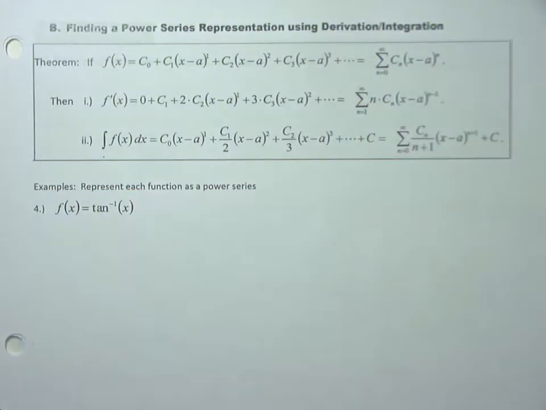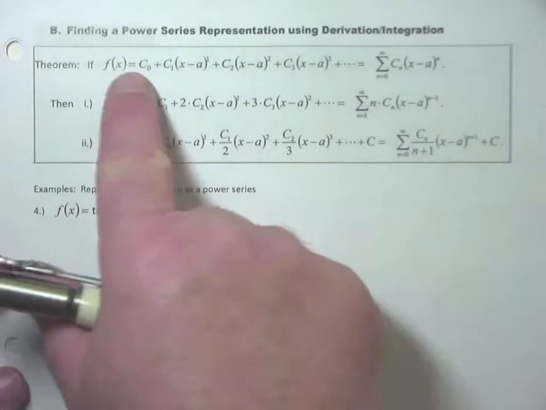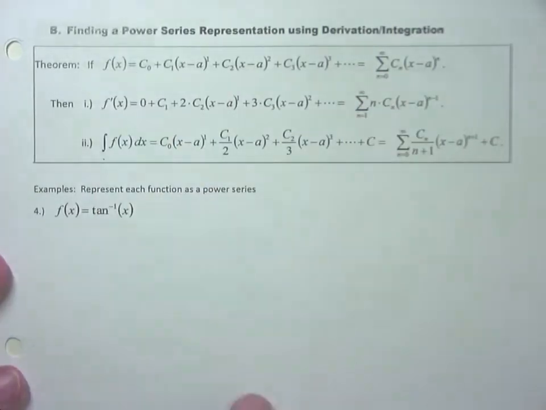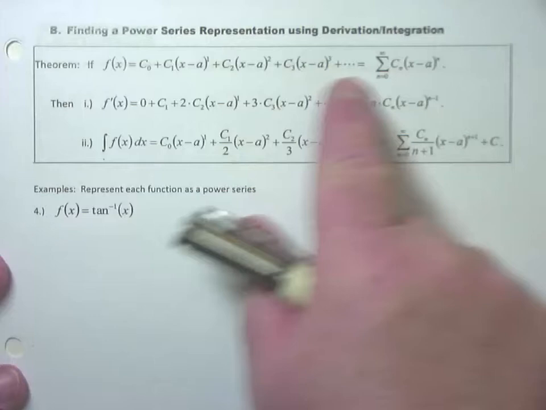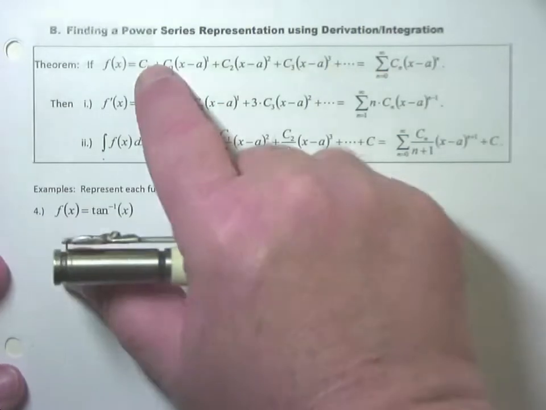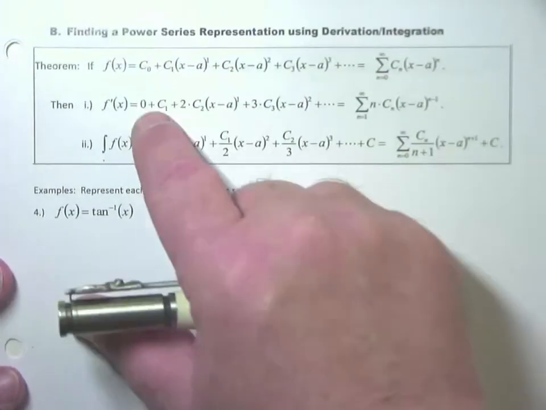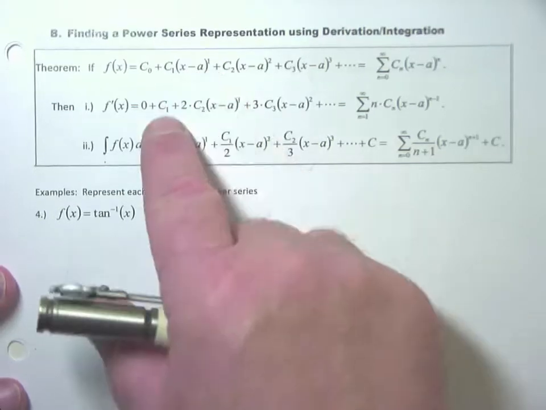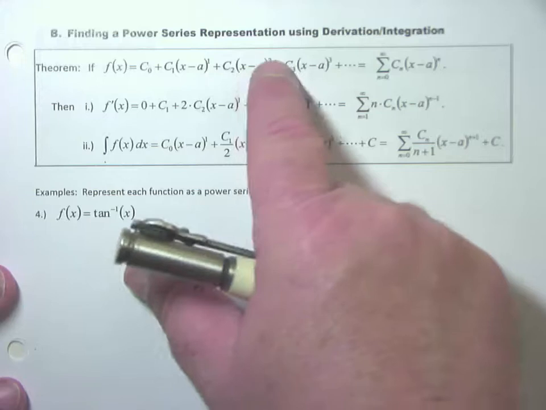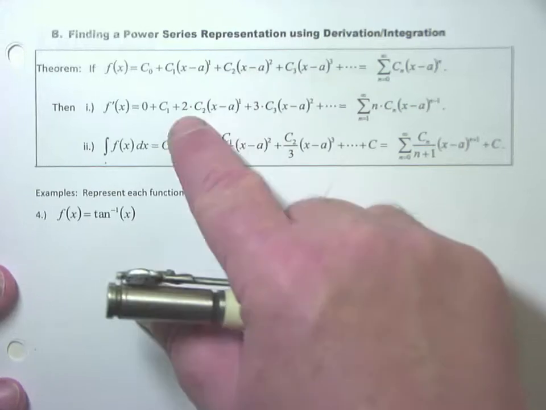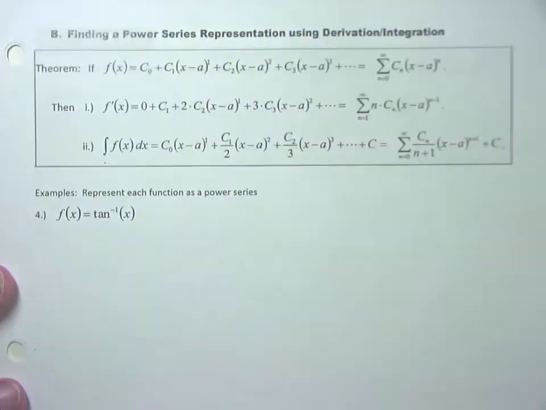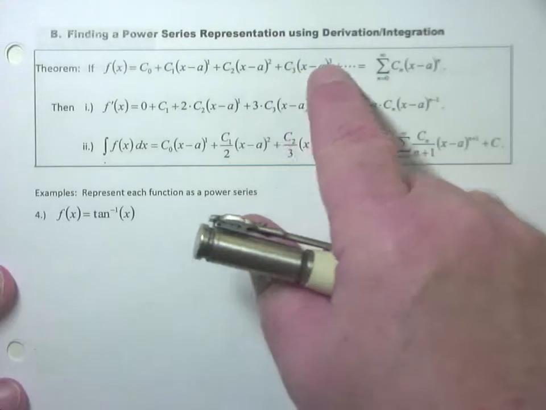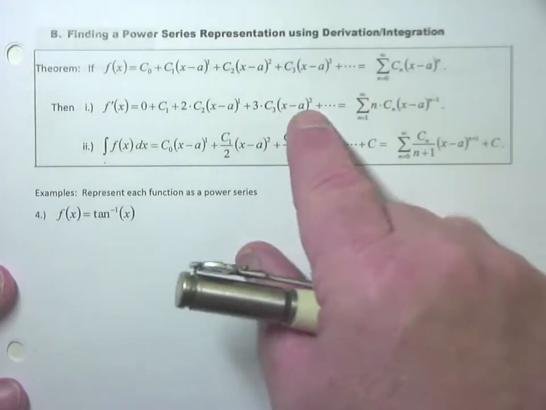That's your power series. You can take the derivative of a power series. If you wrote out the terms, you can take the derivative of each term. The derivative of C0, being a constant, is 0. The derivative of C1 (x minus a) to the first with respect to x would be C1. The derivative of C2 (x minus a) squared, by the power rule, the 2 pops out front: 2 C2 (x minus a) to the first. The derivative of C3 (x minus a) cubed will be 3 times C3 (x minus a) squared.